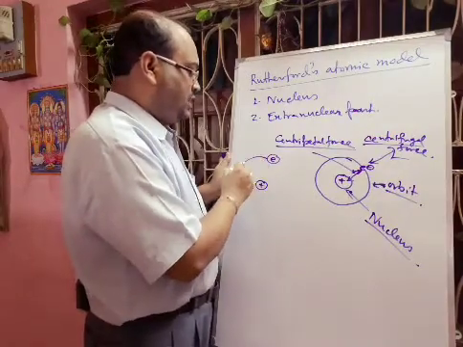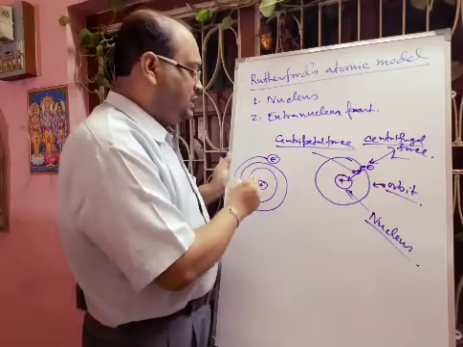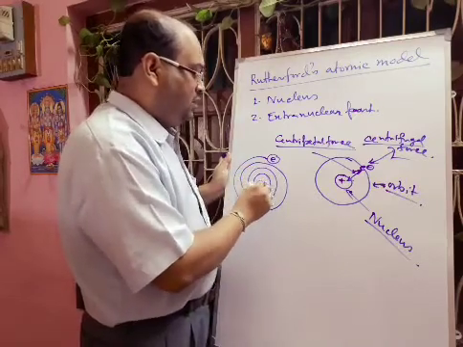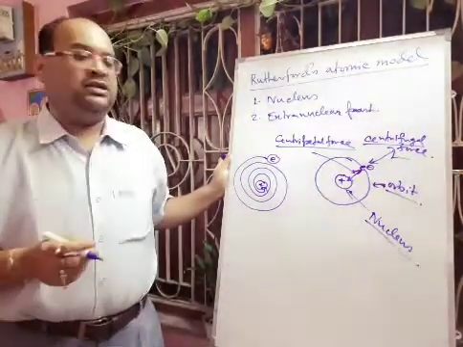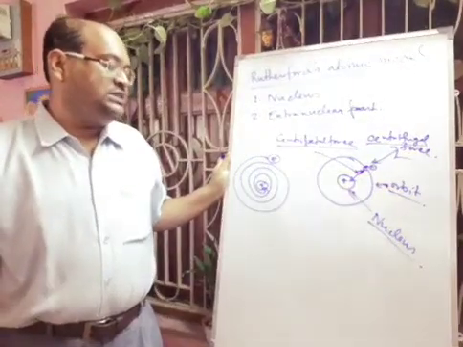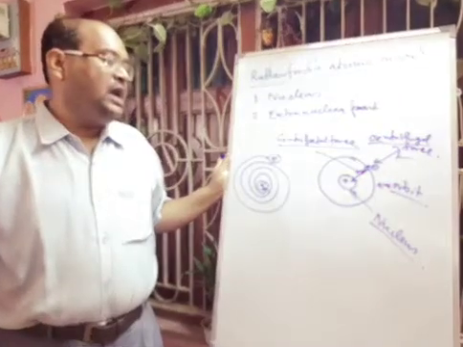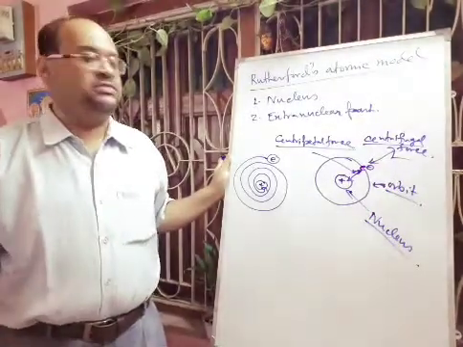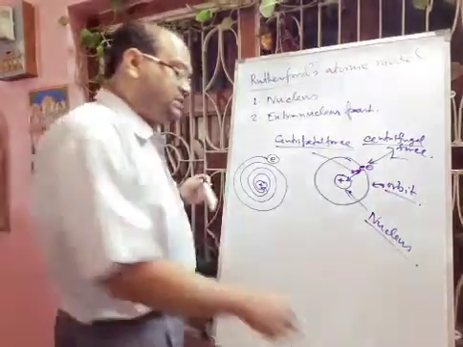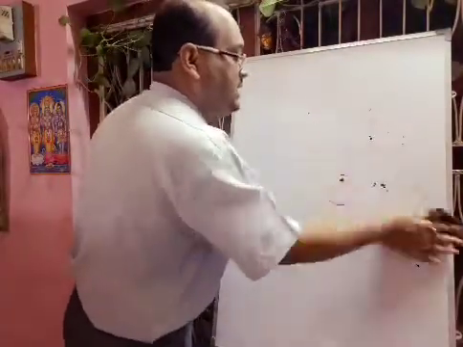When it is rotating around the nucleus, slowly it will release energy and finally it will fall inside the nucleus. Hope you can understand. And so this model is not correct. The Rutherford model is not correct. In this way we can say that Rutherford's atomic model fails to explain the stability of an atom. And to remove this drawback, the next atomic model was given by Niels Bohr.